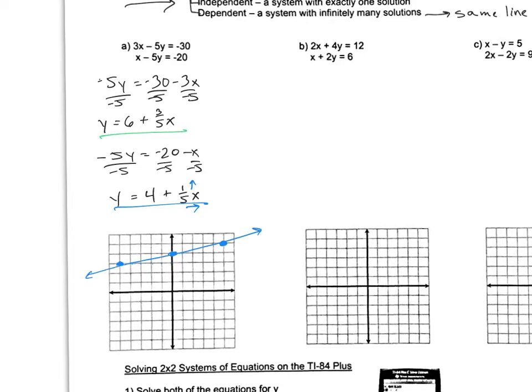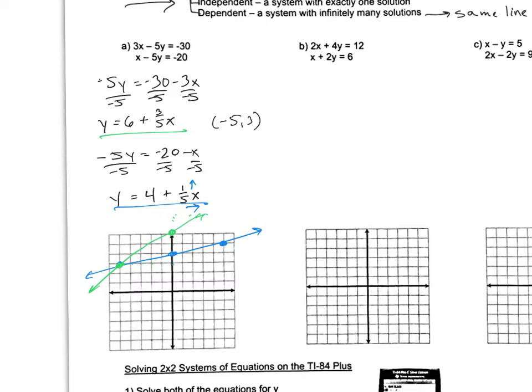Now, my other line. We start up 6, and we can't really go up 3 and over 5 like it's supposed to happen, so I'm going to go down 3 and to the left 5. You can see the point of intersection is right there from when we graphed the blue line. Reading the graph, that point is negative 5, 3.